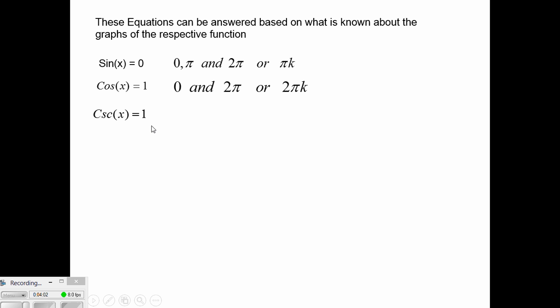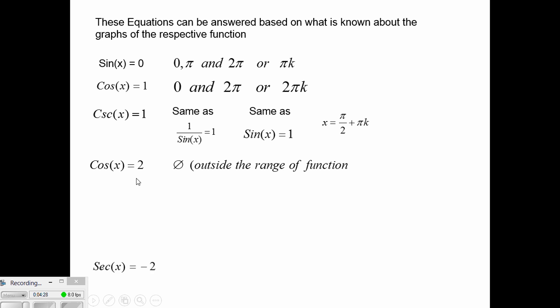Cosecant equaling 1. Cosecant is 1 over sine, so that's how we'll view it, as 1 over sine equals 1, which is the same as the sine equaling 1, which is going to happen at pi over 2, plus 2 pi k. Cosine equaling 2, that can never happen, it's the empty set.